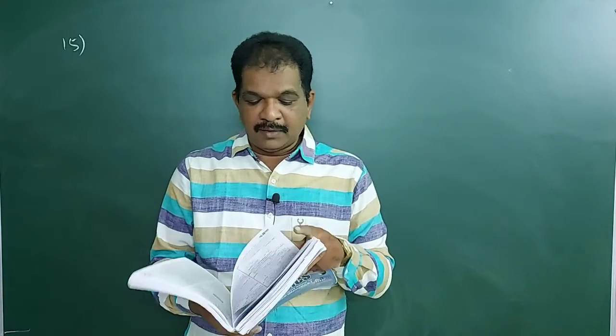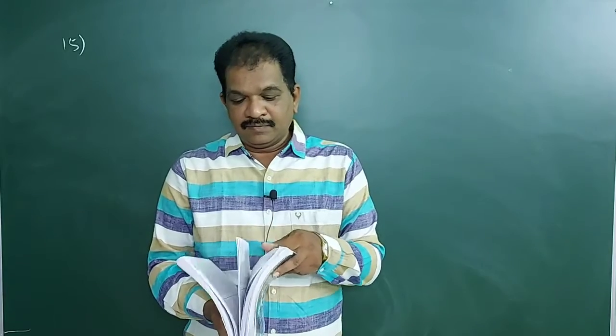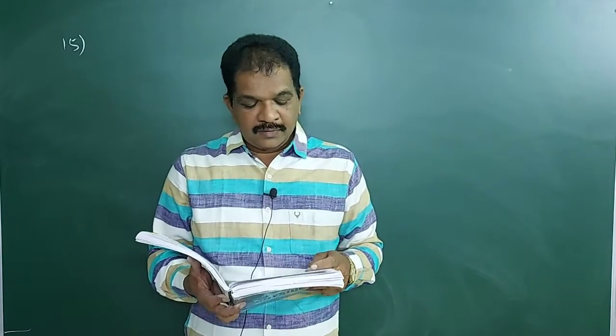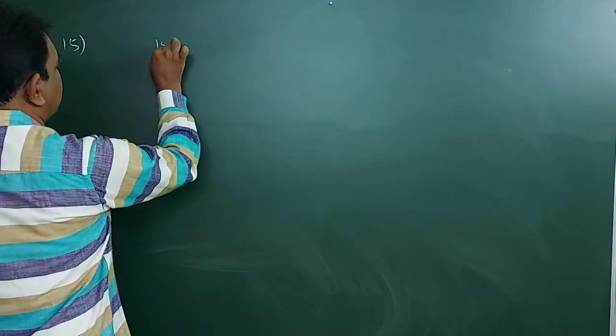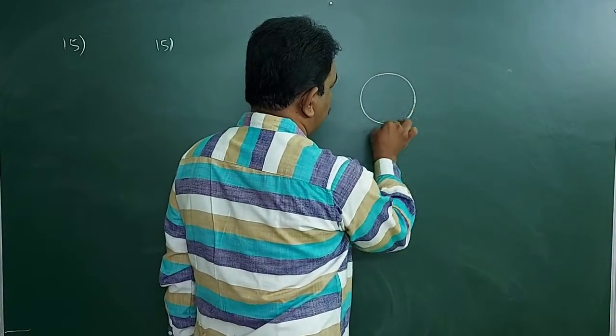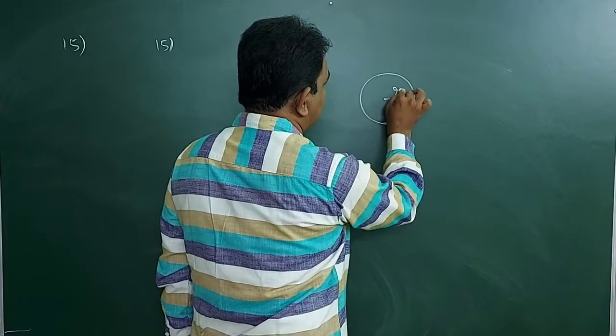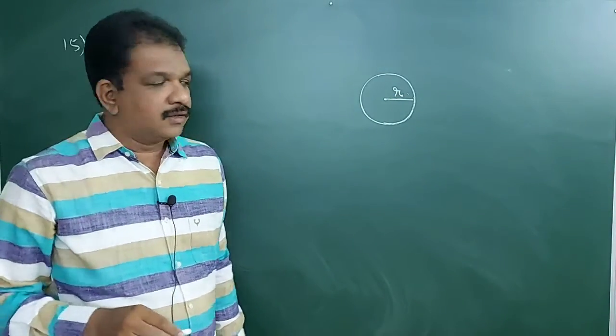Same, we did this type of problem, just as problem number 10. So this value will be, here there is a surface whose radius is R. It is emitting heat energy.